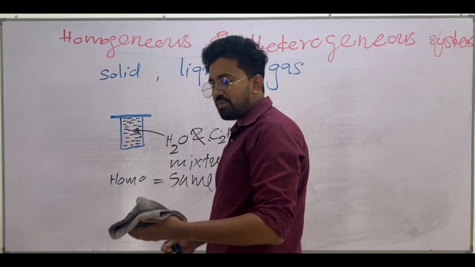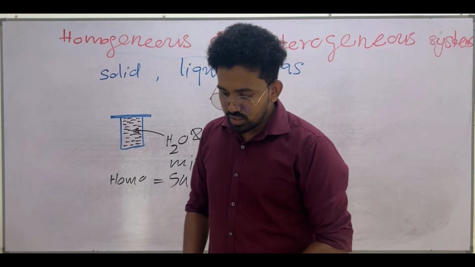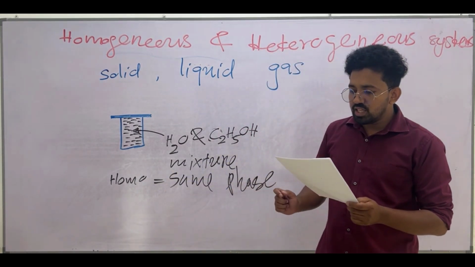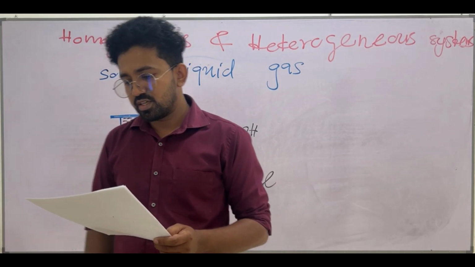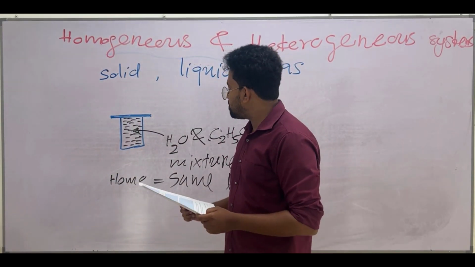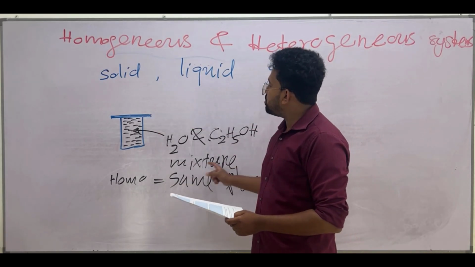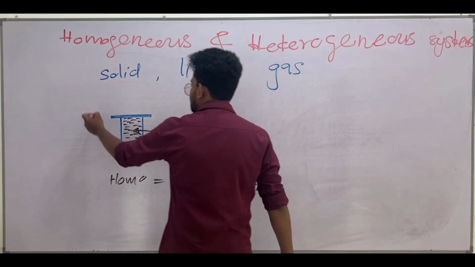So what will happen if there is a heterogeneous system? In a homogeneous system, everything inside the system is in the same physical state like this one. Within that box you can draw this one.